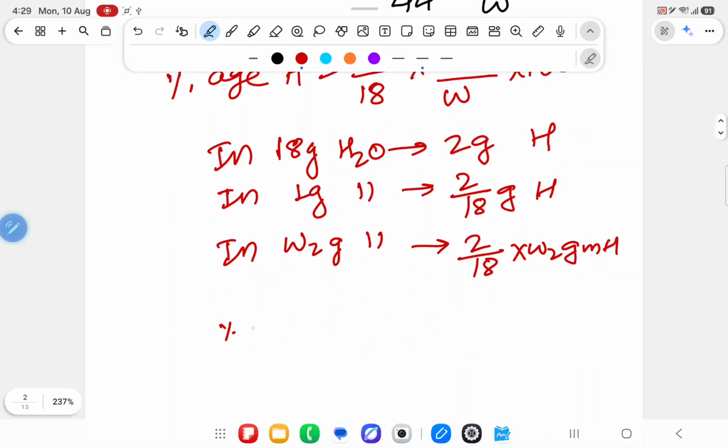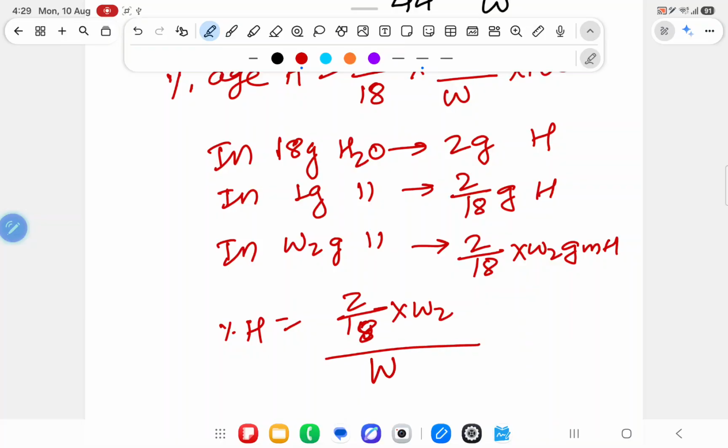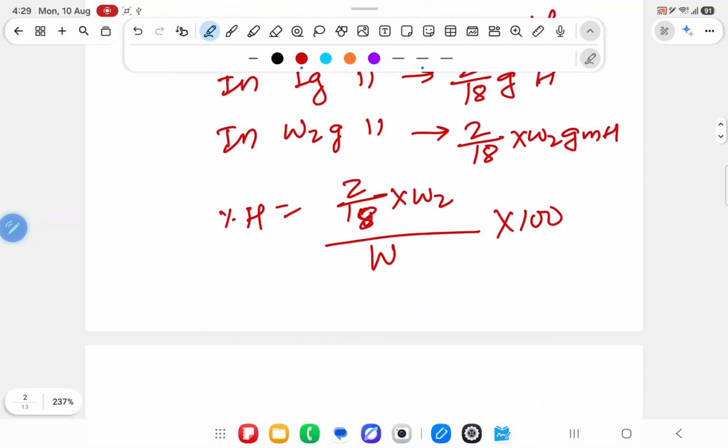So percentage of hydrogen will be weight of total hydrogen over weight of organic compound into 100. If you arrange it, percentage of hydrogen is 2 by 18 into W2 by W into 100.